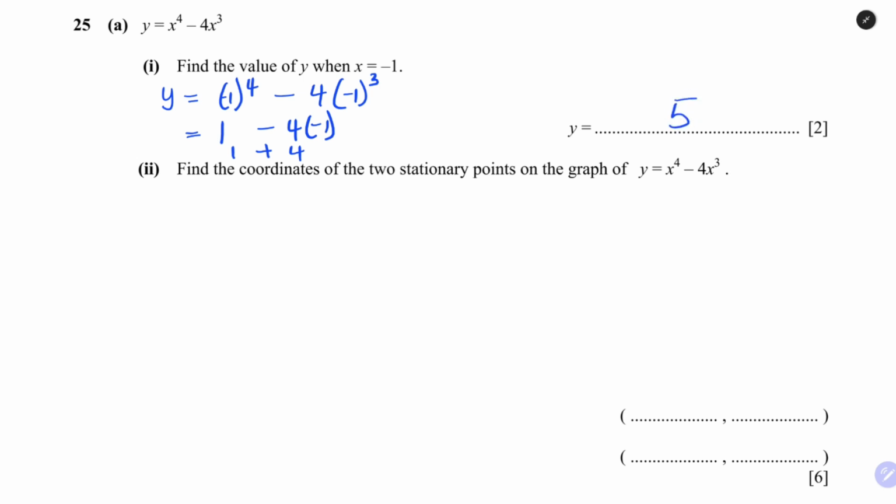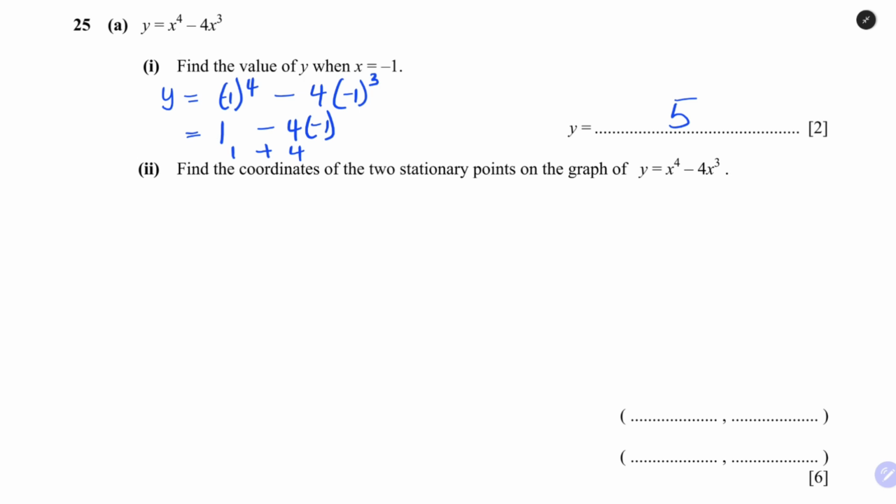All right, now to the juicy question. Find the coordinates of the two stationary points on the graph of y equals 4 x raised to power 4 minus 4 x raised to power 3. Exactly the same function, but now we are asking for the stationary points.